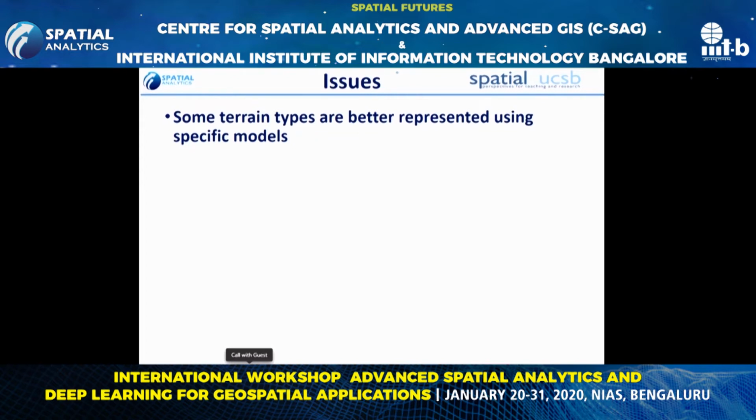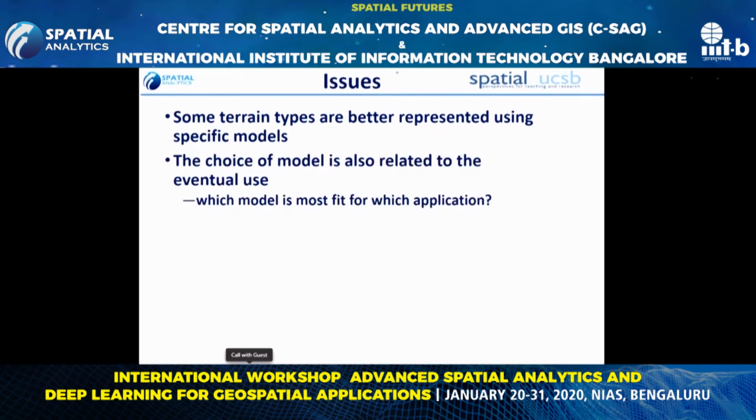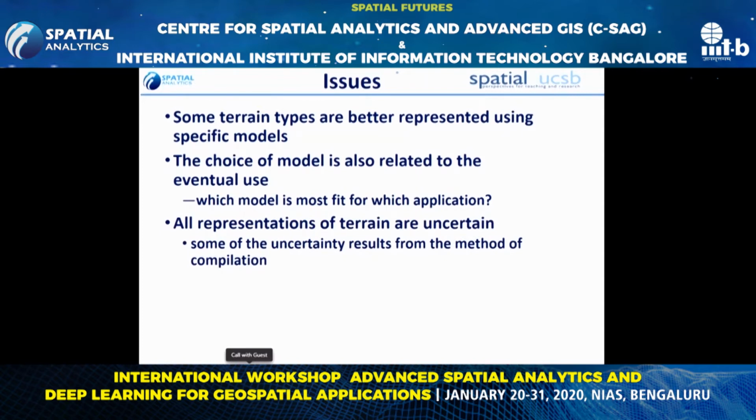Or if you want to think more generally, some types of phenomena are better represented using specific models or specific purposes. The choice of model is also related to the eventual use. Which model is most fit for which application? And all representations of terrain are uncertain, and some of the uncertainty results from the method of compilation, from the interpolation process that was used for the Guatemala data.